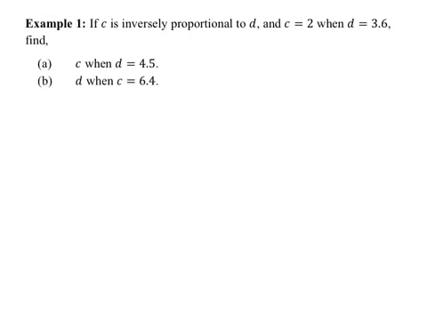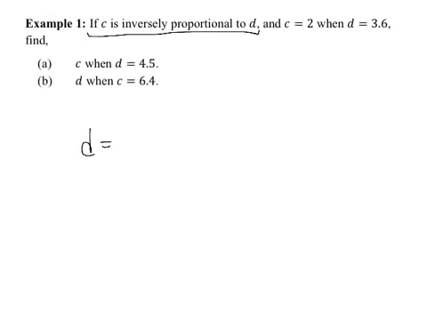Arthur, what do you got? 4.5 equals... How about this? Let me make a better statement. Using this alone, give me a statement. No numbers. Using this alone. You want to follow up your answer? D equals K over C. Sure.